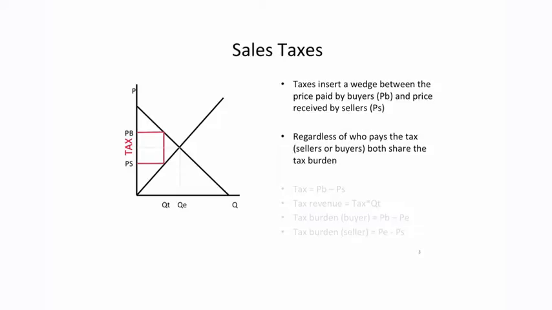So when we look at a tax, the tax is going to be the difference between the price paid by the buyer, PB, the price for the buyer, and PS, the price for the seller.